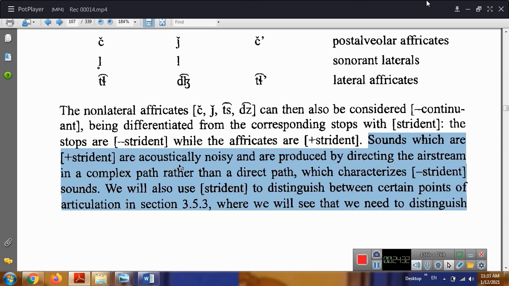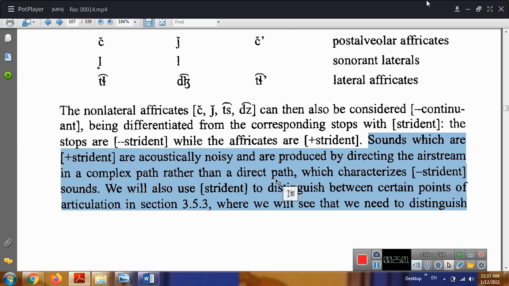Sounds which are plus strident are acoustically noisy and are produced by directing the airstream in a complex path rather than a direct path. For producing plus strident sounds, when the airflow is passing through the vocal tract, we have complex paths rather than a direct path.